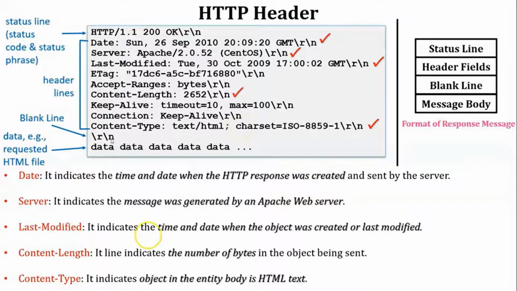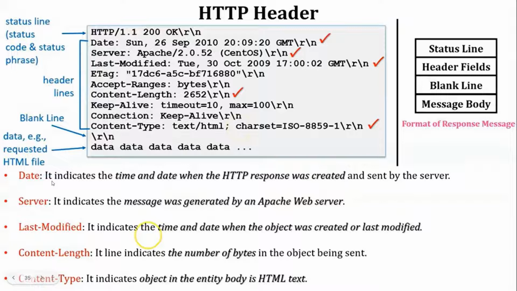Now see, this is the data. It means the requested HTML file. So we all know that this response message is sent by the server to the client. Now let's discuss some of the header fields in the real-time example. The first field is date.